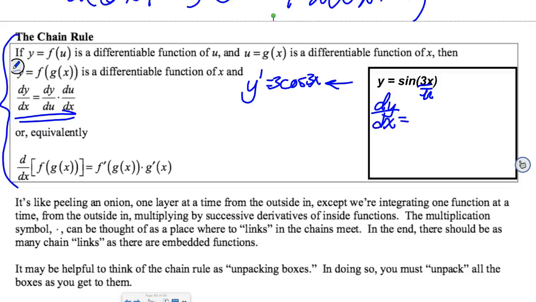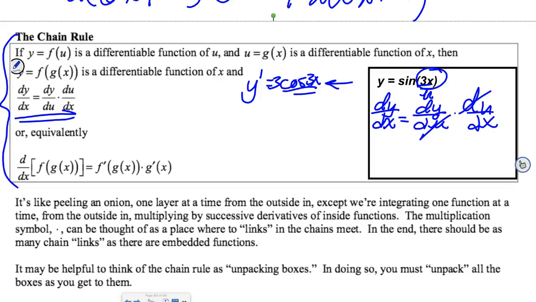You're going to take the derivative of that function with respect to u. What's the derivative of sine u? Cosine u. So you're going to write cosine 3x, which is what we did. But then you're going to have to do du dx to get the canceling to go. What is the derivative of 3x? 3. That's the formal notation.